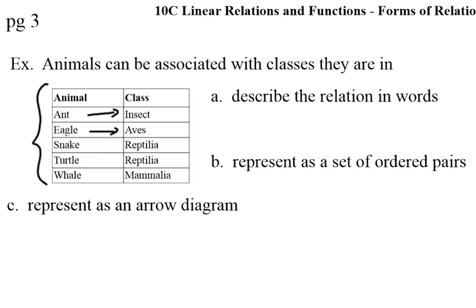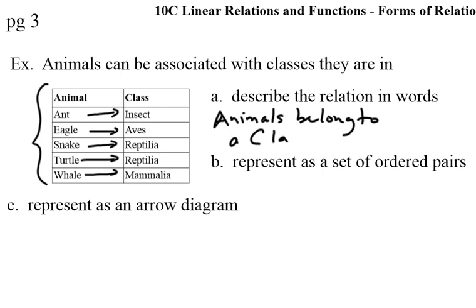Eagle is an avis. Snake is a reptilia. Turtle's reptilia. Whale's mammalia. What's the relation in words? What's happening here? Well, this is telling us that animals belong to a class. That's all it's saying. It's not rocket science, but every animal belongs to a class. Doesn't have to be numeric data.